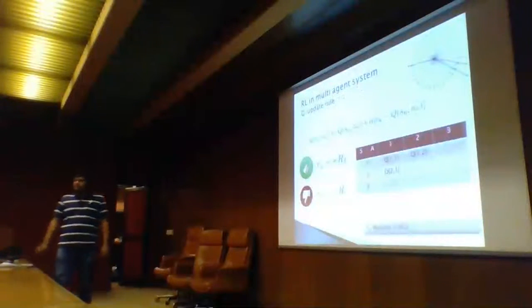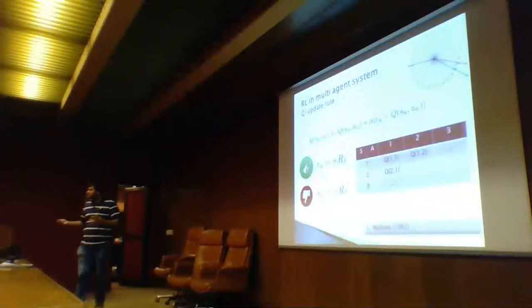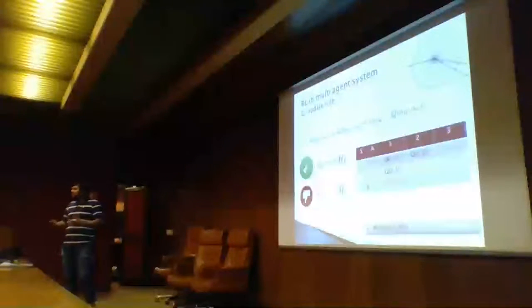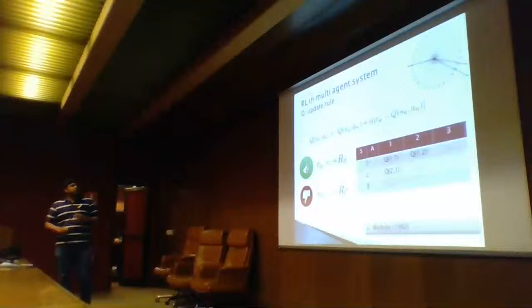So what does the agent really do with this information? You get a state, you select an action, you get a sequence of rewards. So now it has to learn that, okay, I was in some state, I took this action, and I got this reward. And this is done by what is called the Q algorithm. Each agent has its matrix, which is a state-action pair matrix, and it updates the value in this Q matrix for a given state and chosen action with this formula.